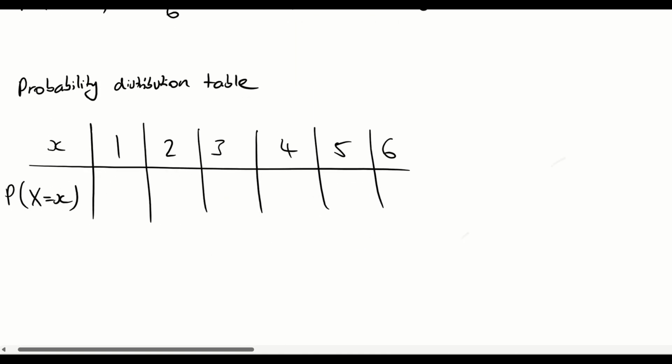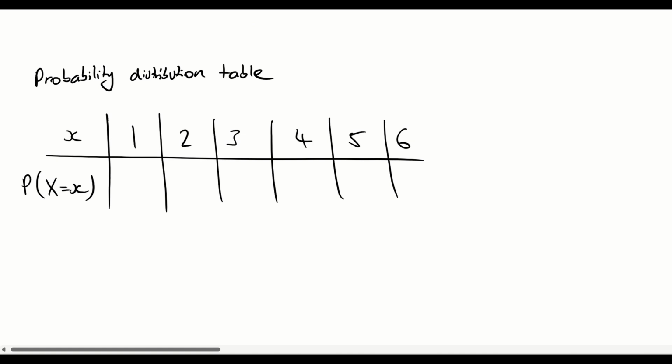Now, exactly what's being said here is that in the second row, we are saying what is the probability that my discrete random variable, or in this particular case the number that I roll, is equal to the little x, whatever number is represented in the top row. So for example, in this box, we're saying what's the probability that I roll a 1? In this box, what's the probability that I roll a 2?